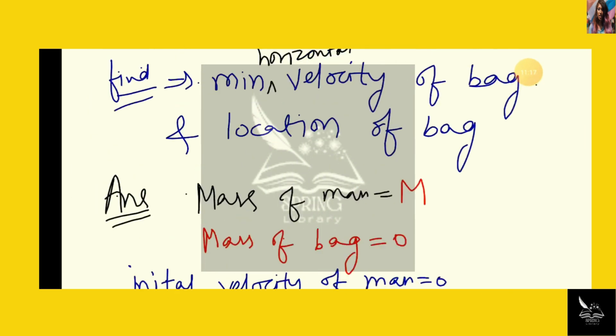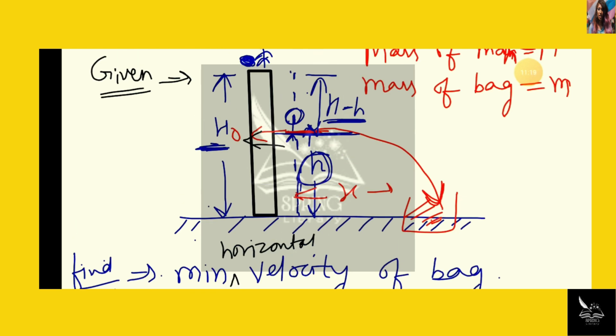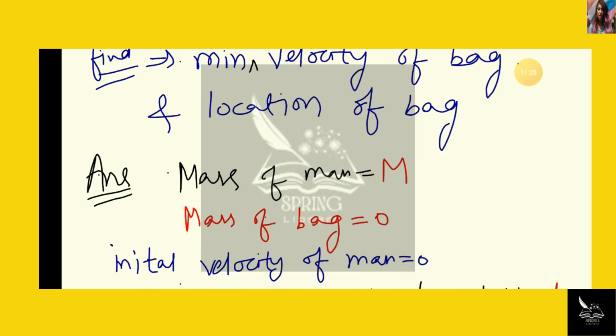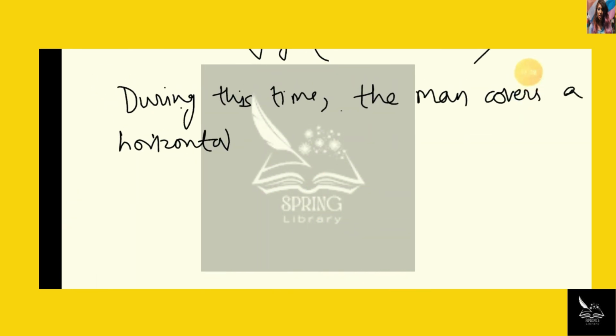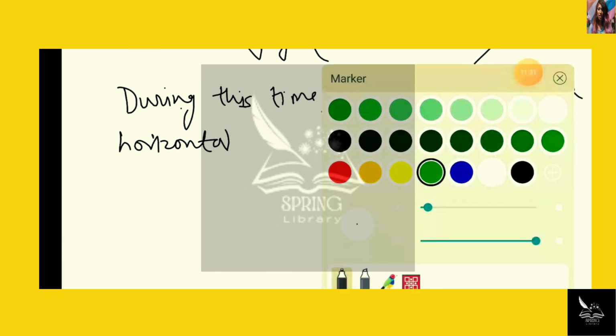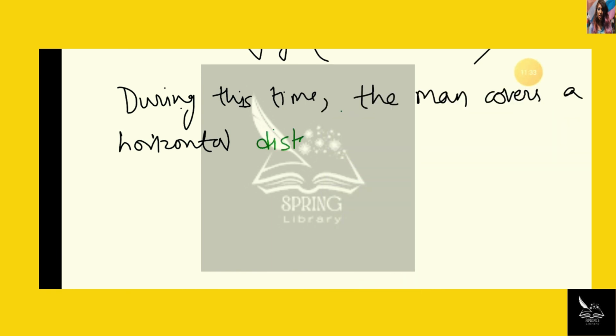The horizontal distance x is given in the question. So during this time the man is covering a horizontal distance x and lands in the water.